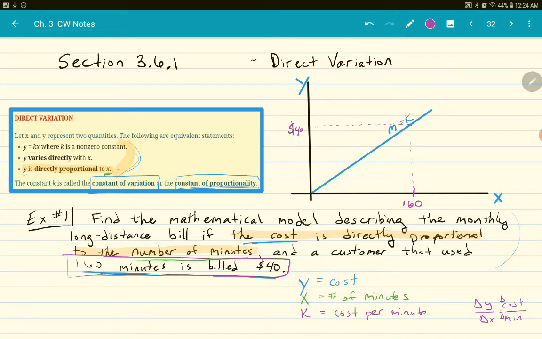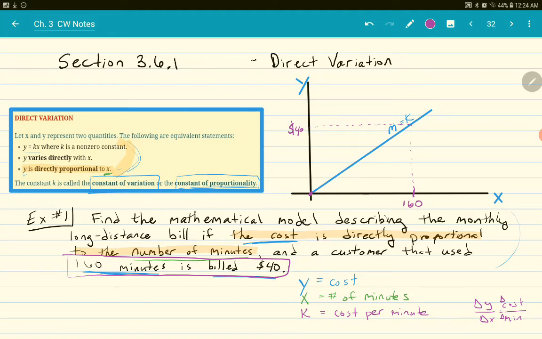And since direct variations always start at the origin, I can find that k, thinking about it as slope, and it's always y over x. Since it starts at the origin, the rise is $40 and the run is 160 minutes.